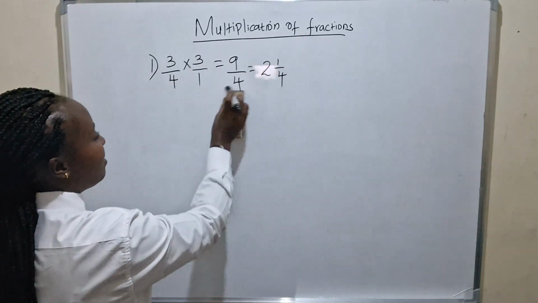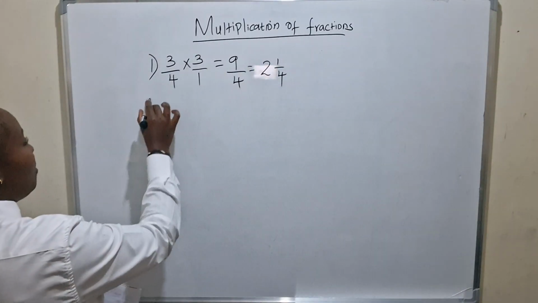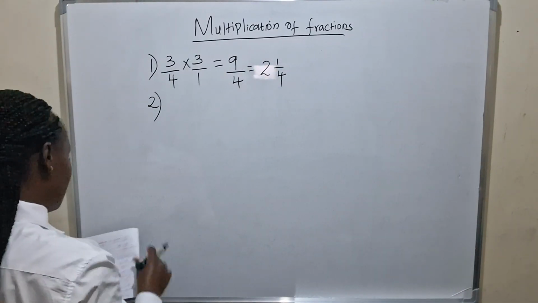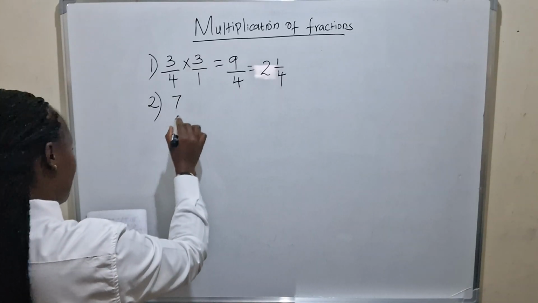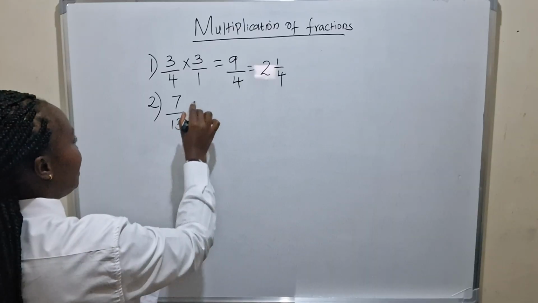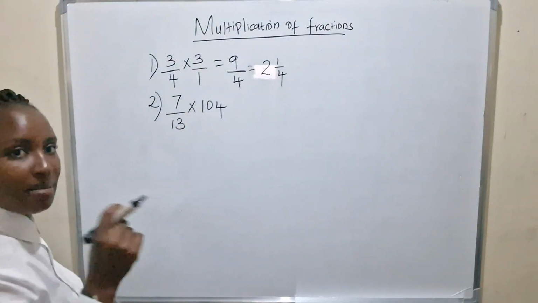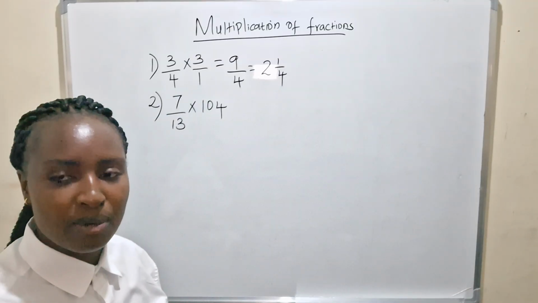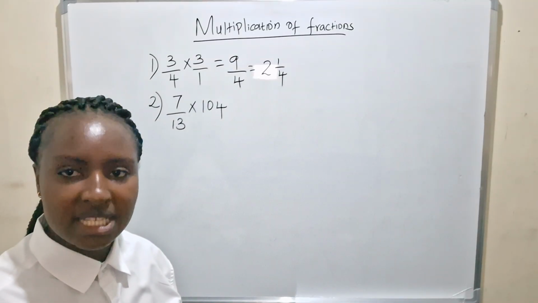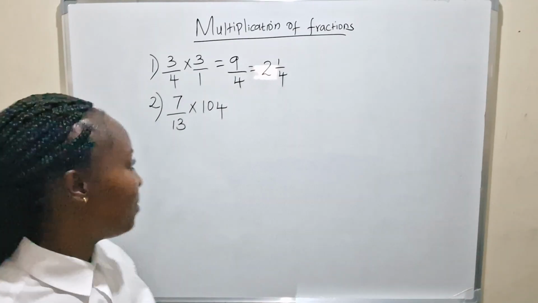We can have our second example. On the same, on fractions you multiply by a whole number, where we have 7 over 13, you multiply by 8. The reason I'm telling you to have understood the multiplication table is because you'll be able to cancel out what you're supposed to cancel out.